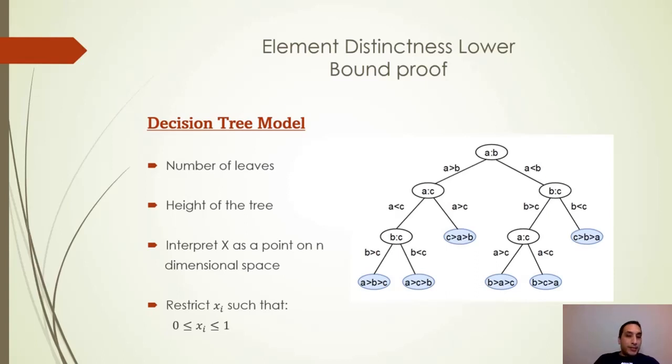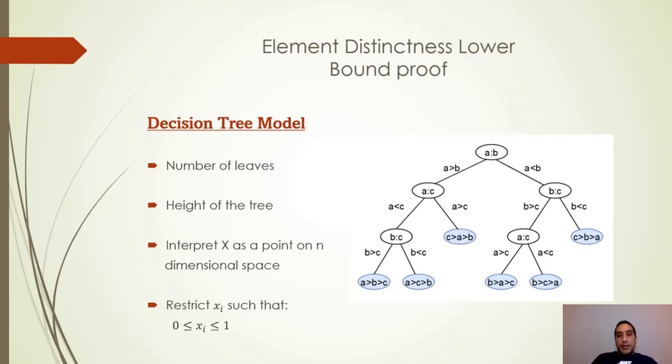A leaf that says yes means the model found a distinct array, and the leaf that says no indicates that the elements are not distinct in the array.